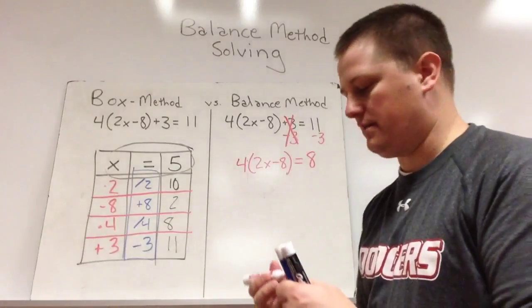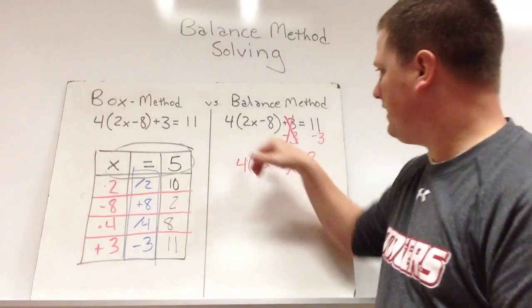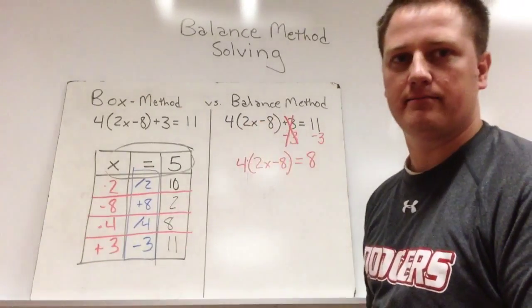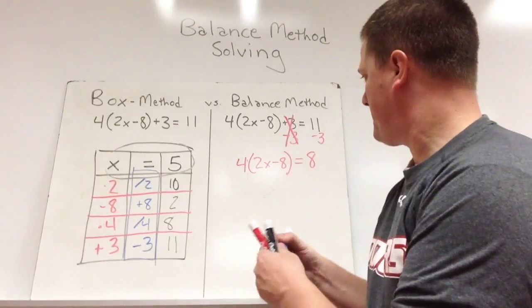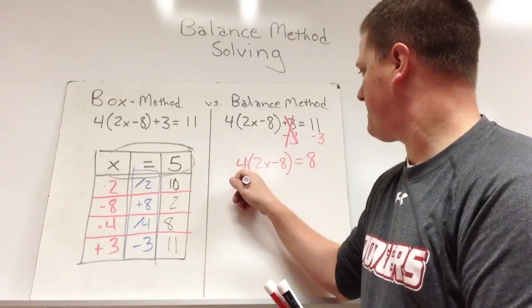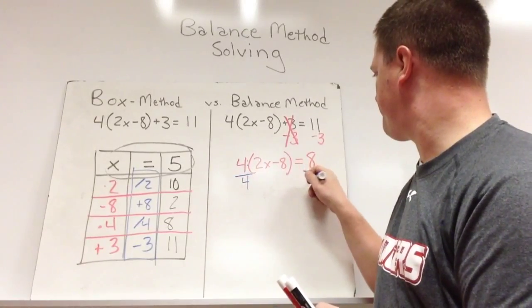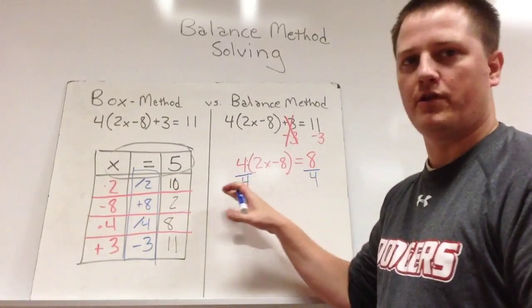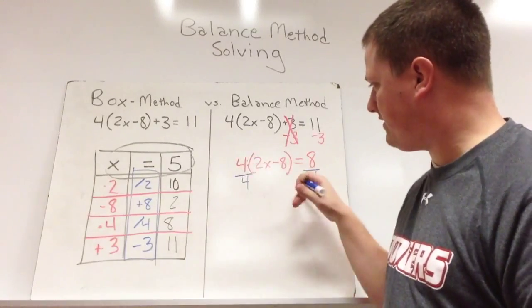Now part of the reason why we rewrite this is just so that we can see it better. So now we're multiplying, so we're going to divide as our opposite.